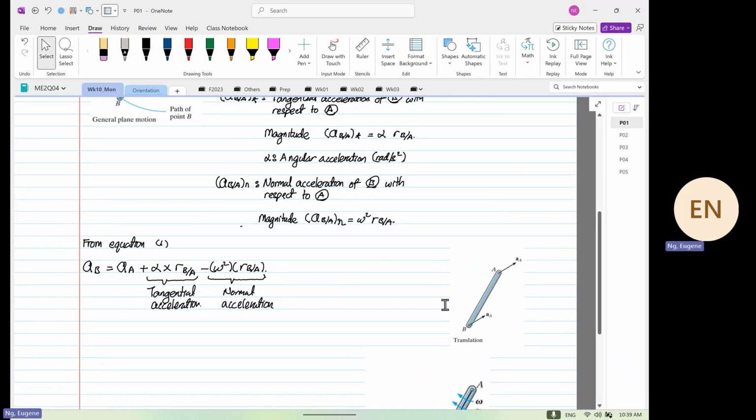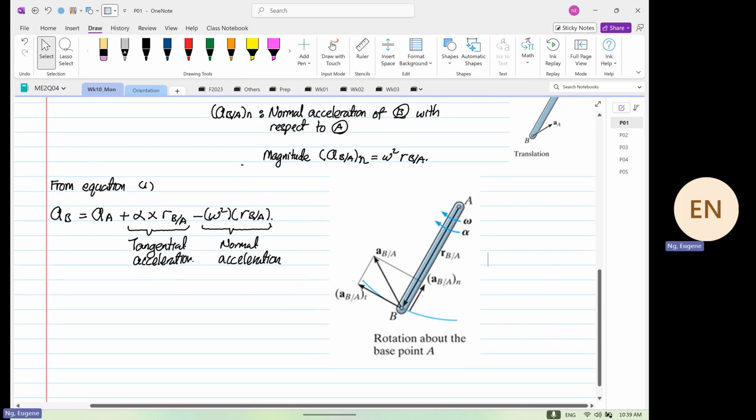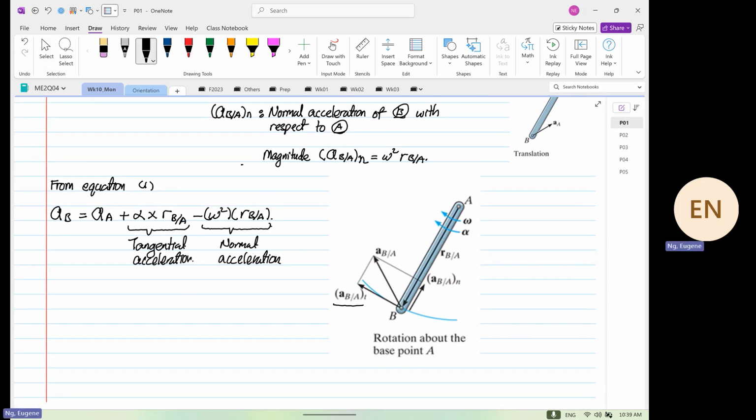So if we were to look into this diagram over here, I want you to look at this diagram. The acceleration of point B relative to A, that is the tangential direction. And over here, you have the acceleration of point B relative to point A in the normal direction, and it's pointing towards the what?